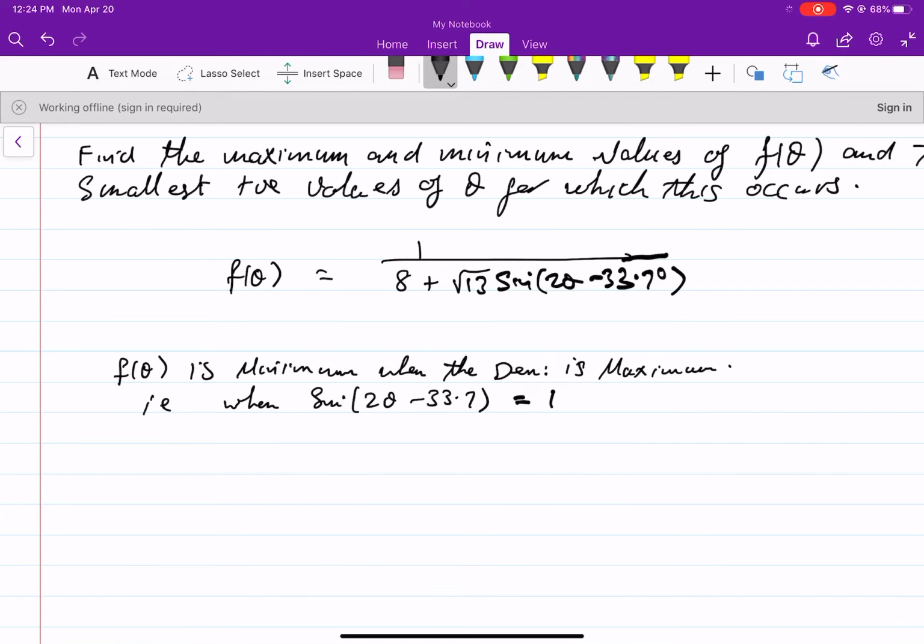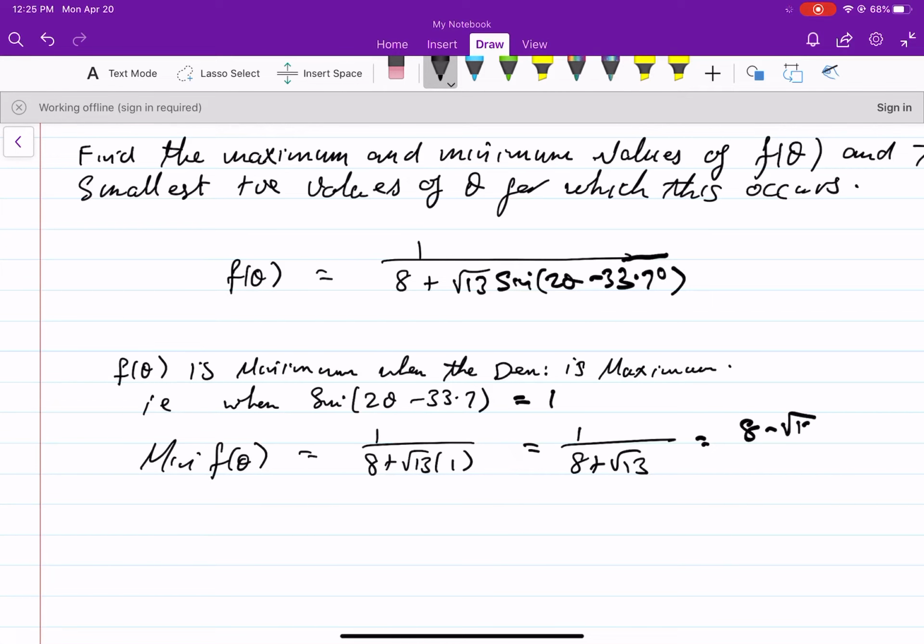Okay, so let's put that entire part equal to 1, and the minimum value for f of theta would be 1 over 8 plus root 13 times 1, which is 1 over 8 plus root 13. Y'all know about surds and all that fancy stuff, right? This is 8 minus root 13 on top, and on the bottom, it'll be 8 plus root 13 times 8 minus root 13.